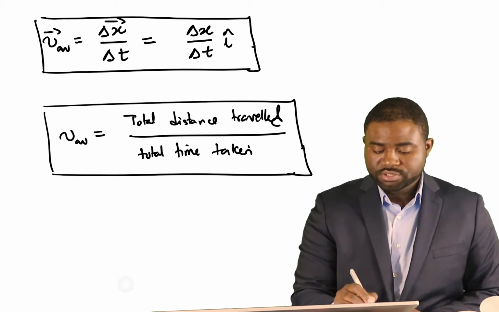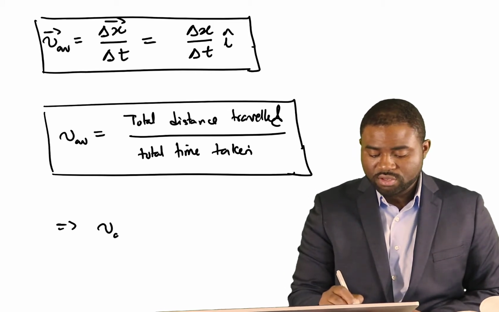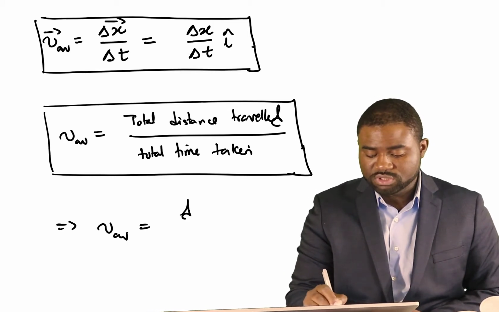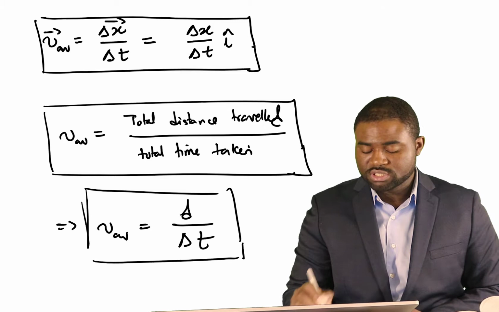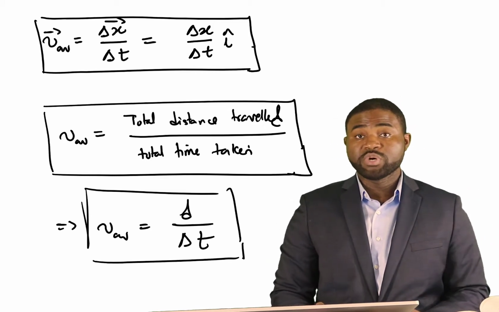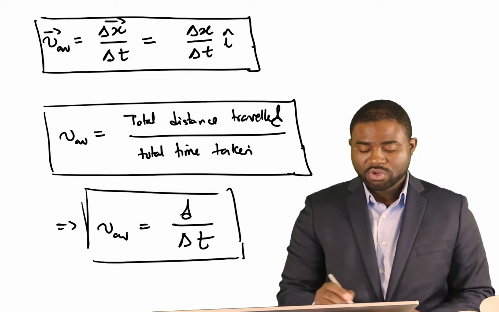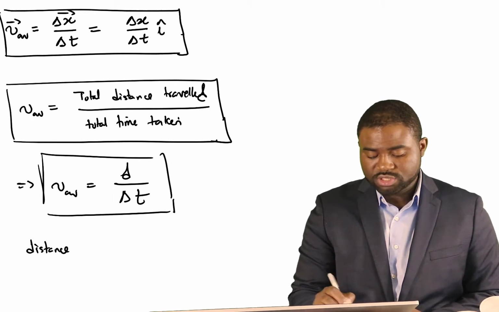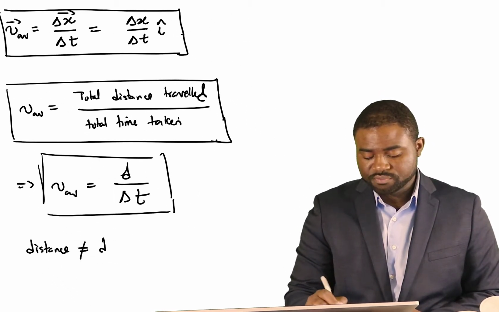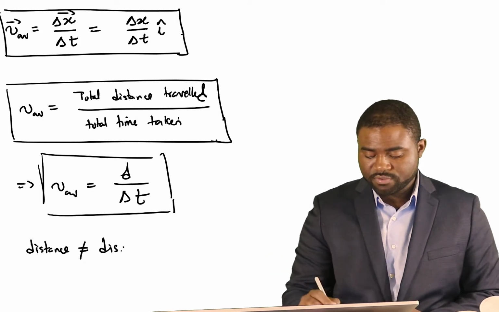In other words, V average is equal to D divided by delta t, where D is the total distance traveled and delta t is the total time taken. Understand that distance, as we discussed in our previous lesson, is not the same thing as displacement.